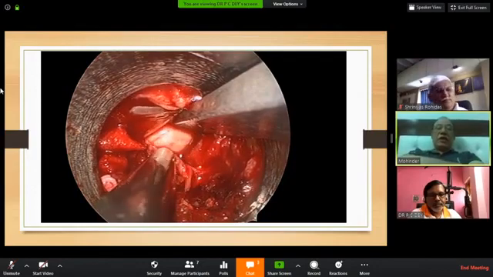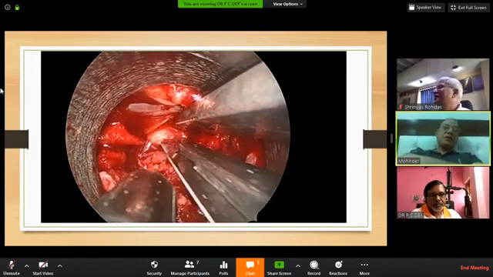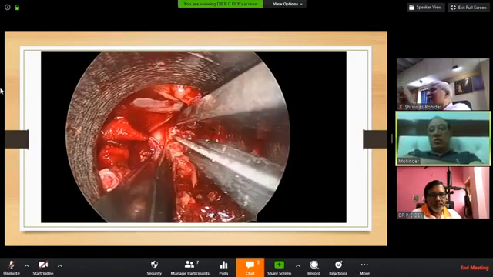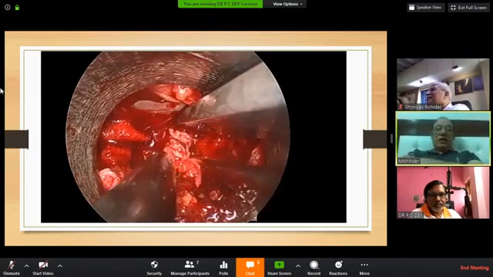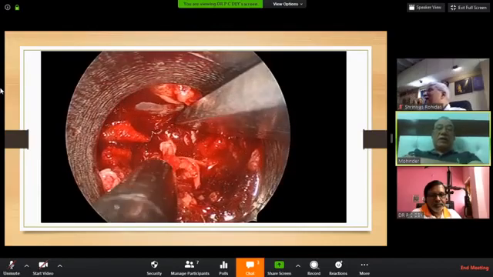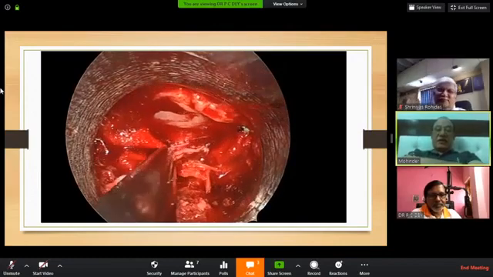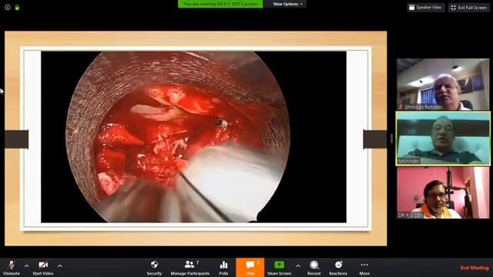Then I use micro bipolar coagulation, gel foam also, and plus bone wax if there is a bony bleed. So these are 3-4 measures we can take on the table when the patient is bleeding.